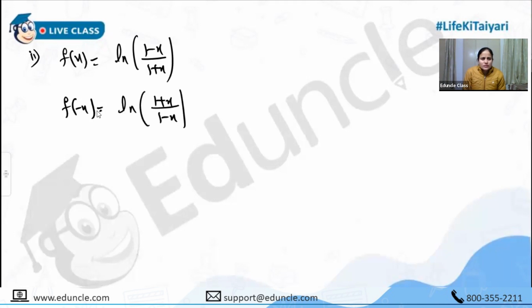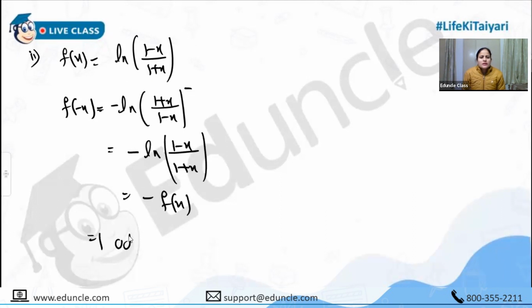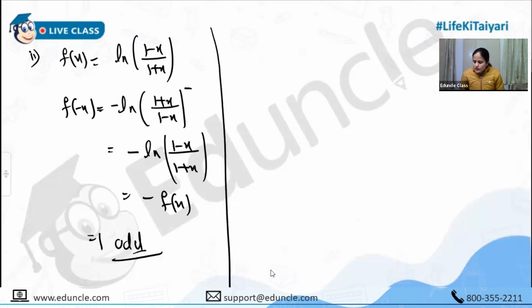The second one is also odd. I can just take the negative: minus here and minus here, so minus minus becomes plus. So this term is nothing but 1 minus x upon 1 plus x, I just take the reciprocal. So f at minus x is minus of f of x. That means my function is an odd function. So the second one is odd.